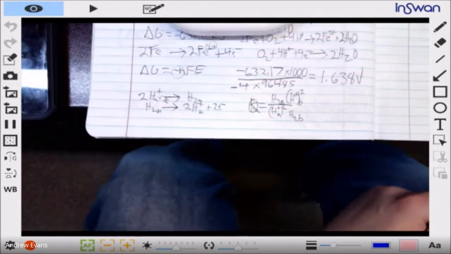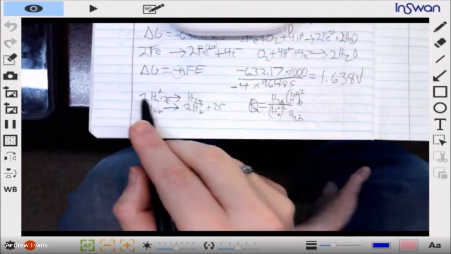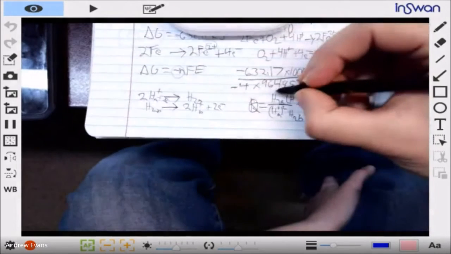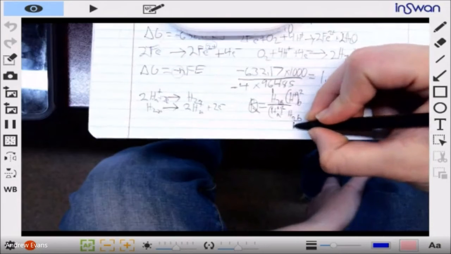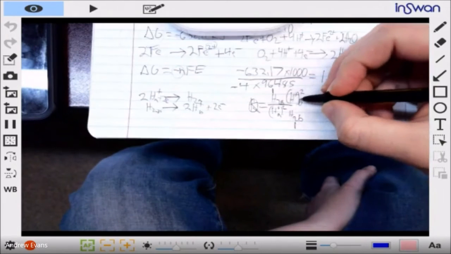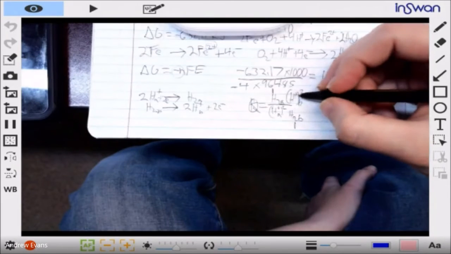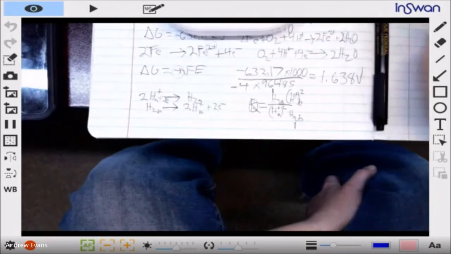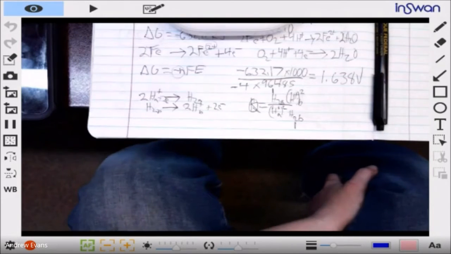Oh, sorry. So we have this. Now, if we say the pressure is 1 atmosphere and 1 atmosphere, those we ignore. But then we have to say, hey, what is the pH in cell 1 and what is the pH of cell 2?